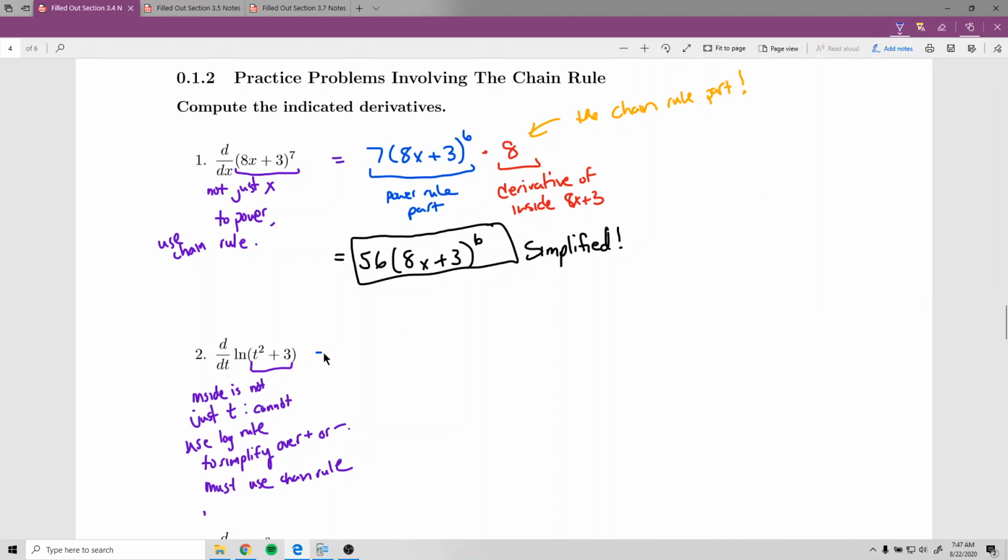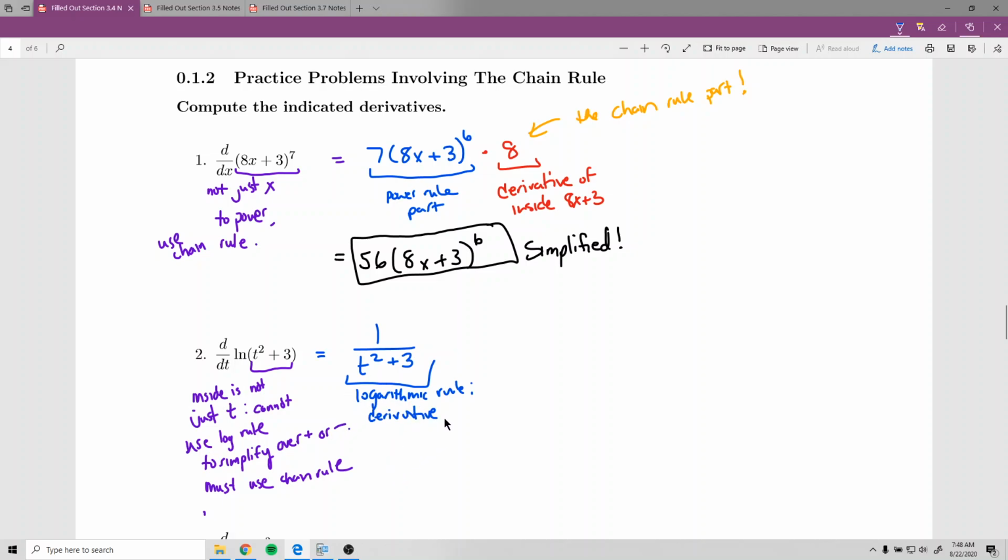All right, but once again, I'm going to start with the first part. The derivative of the natural log function is 1 over the inside. Right, that's really what our 1 over x formula says.